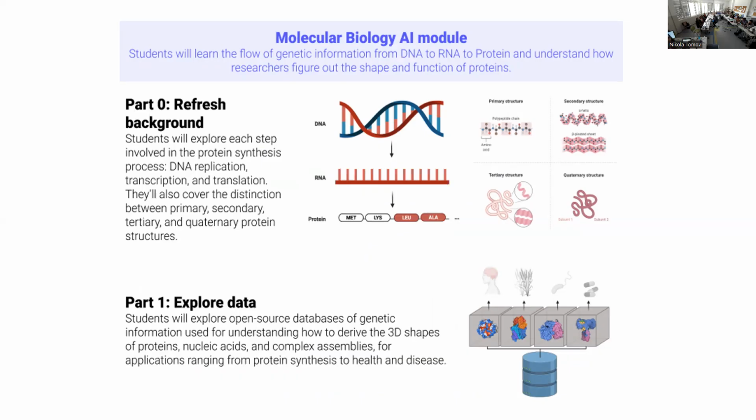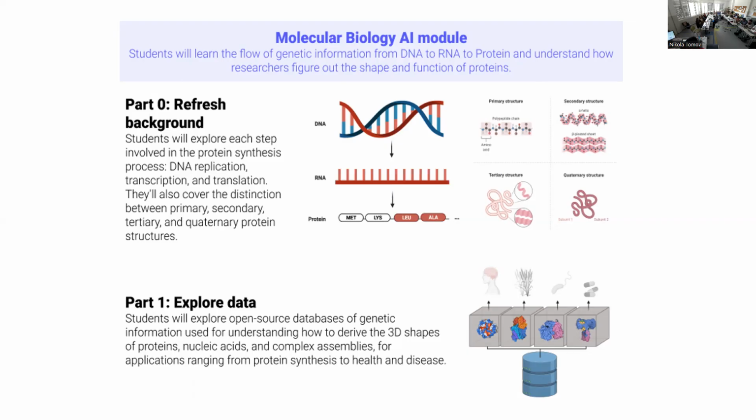They will learn the flow of genetic information through DNA and RNA in order to understand how the protein works. They would say, we're going to refresh our background. They are going to have this basic knowledge of how RNA works, how DNA works, how the protein sequence goes.